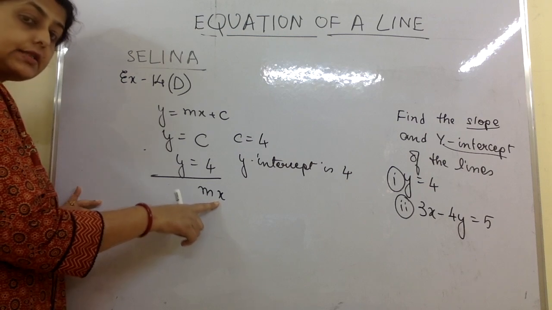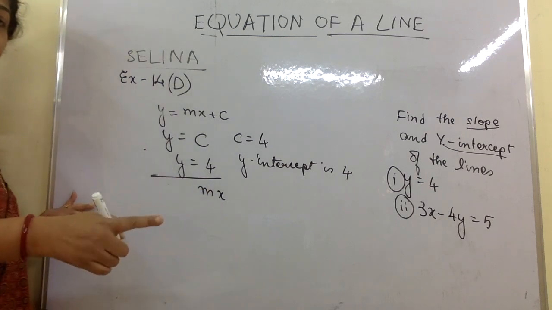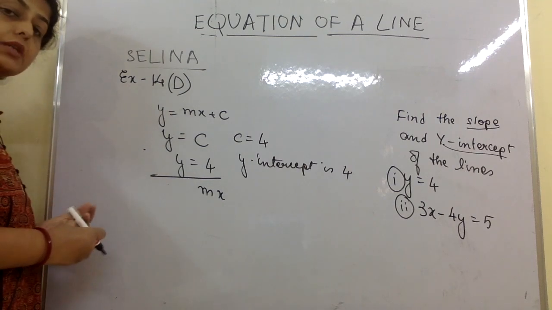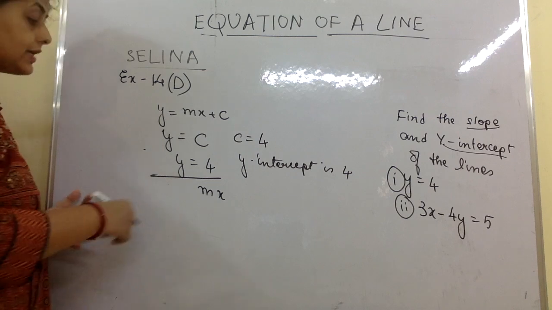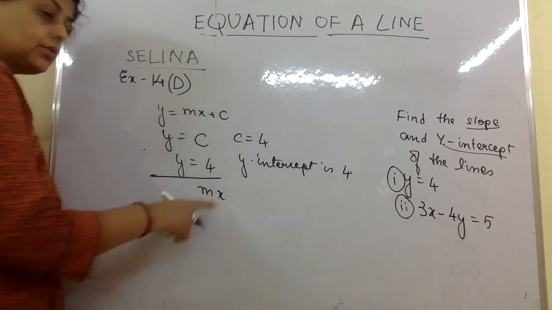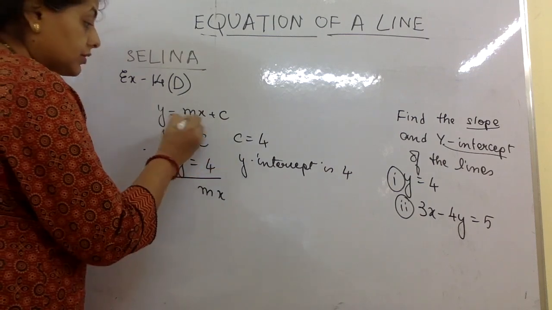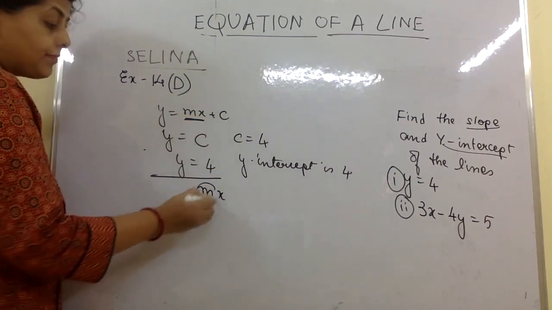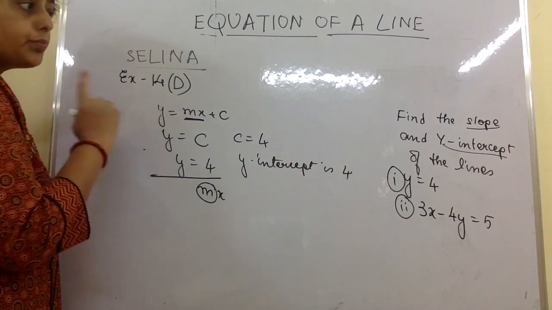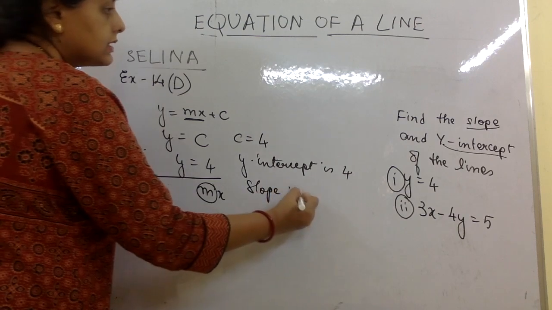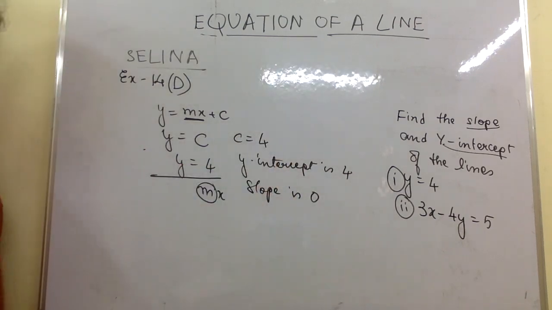X satisfies different values, so all the values cannot be 0, right? This line should not always pass through x is equal to 0. But then what is 0 that made this full term 0 is m. Therefore slope is 0. So slope is 0 for this line.